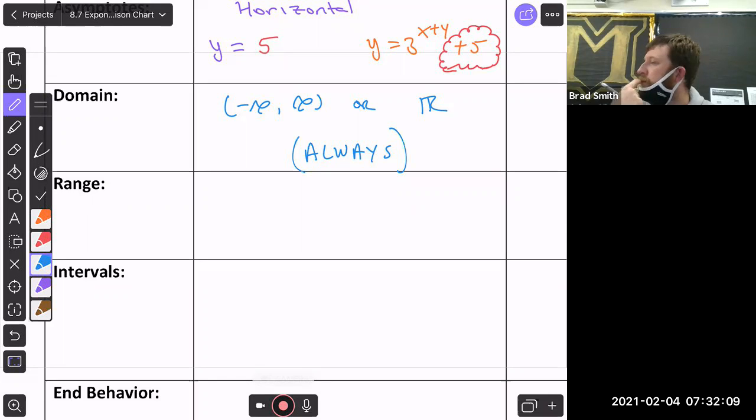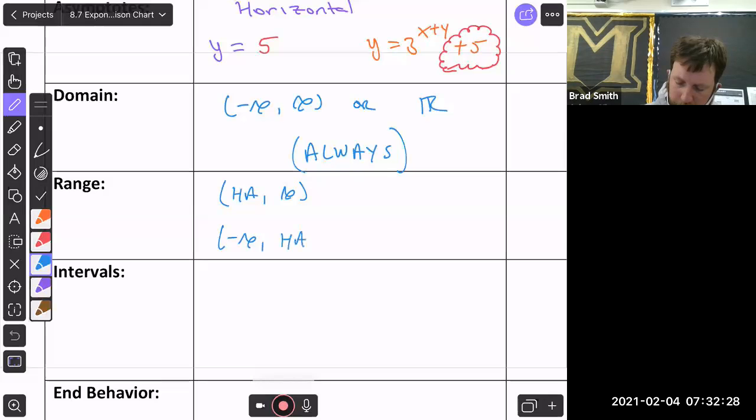All right, my range always depends on if it's reflected or not. So if it is not reflected, it is always your horizontal asymptote to infinity. This is your reflected one: if it's a reflection, it's below it now, so it goes from negative infinity up to your horizontal asymptote.